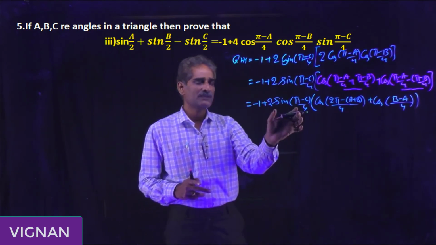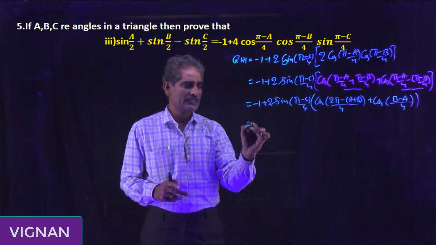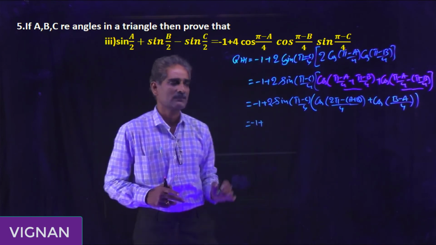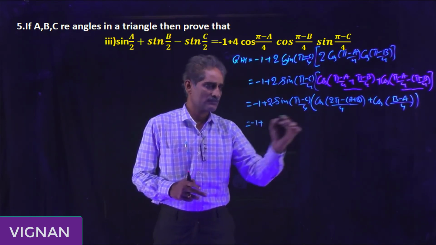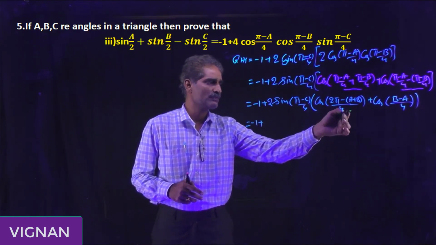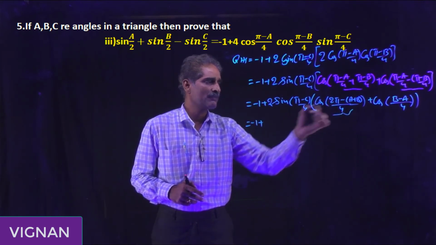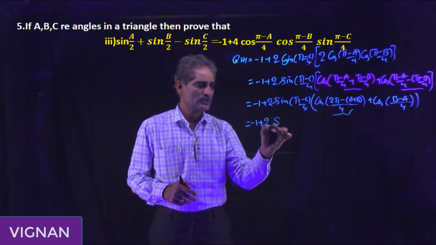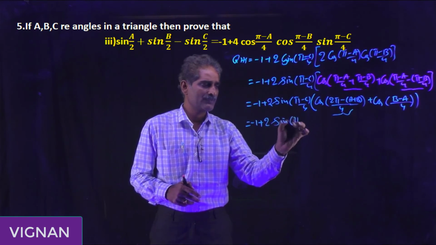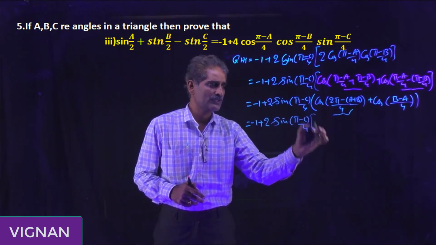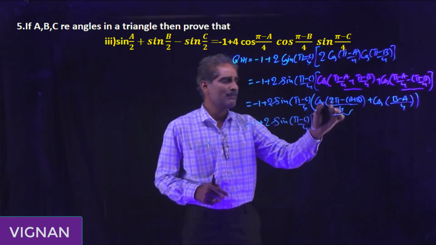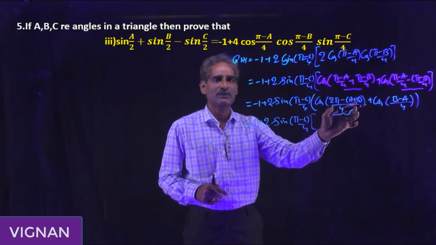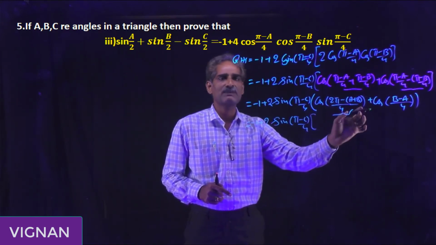Just now multiplying by this one, then we will get minus 1 plus 2 sin A. Before moving to that, just simplify this one. What will happen? 2 into sin of (pi minus C)/4 into cos of 2 pi by 4, just split the denominator and numerator: 2 pi by 4 minus (A plus B)/4.